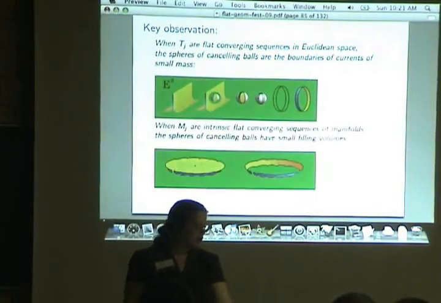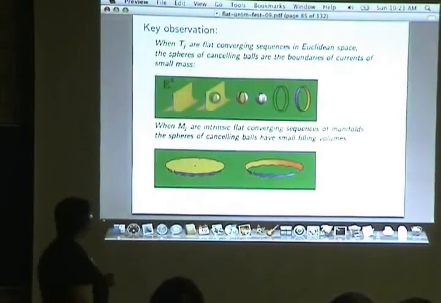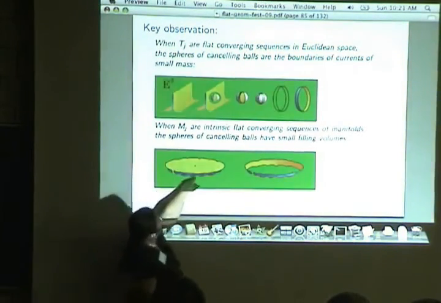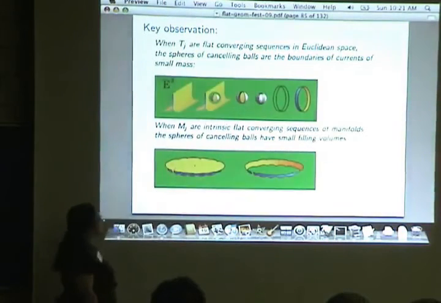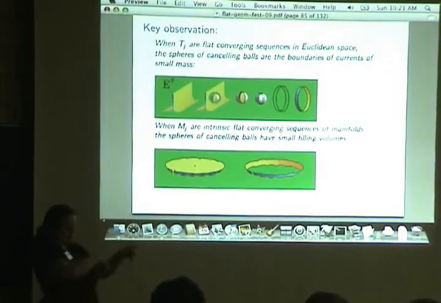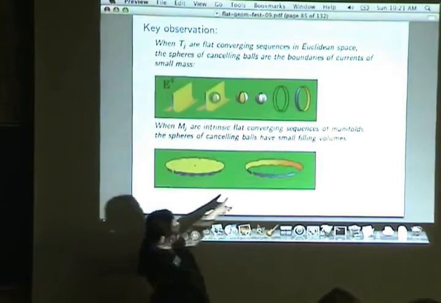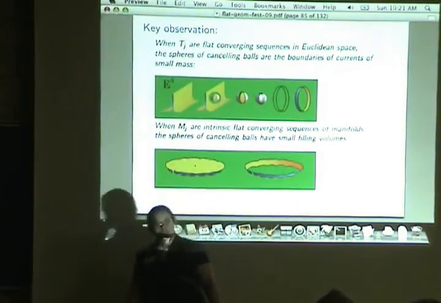The same effect occurs with the intrinsic flat distance. The 2 sheets coming together with the many holes between them, there's all these little annuline tubes coming through here. You make the boundary of your ball, it goes around, and you fill it in. And there's this much smaller filling that's occurring.